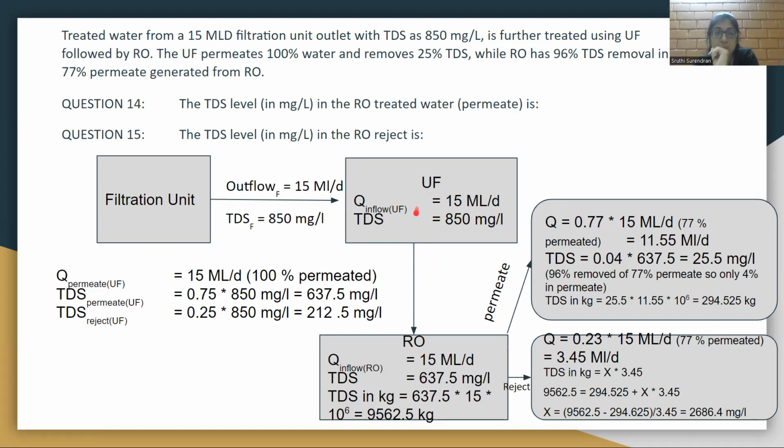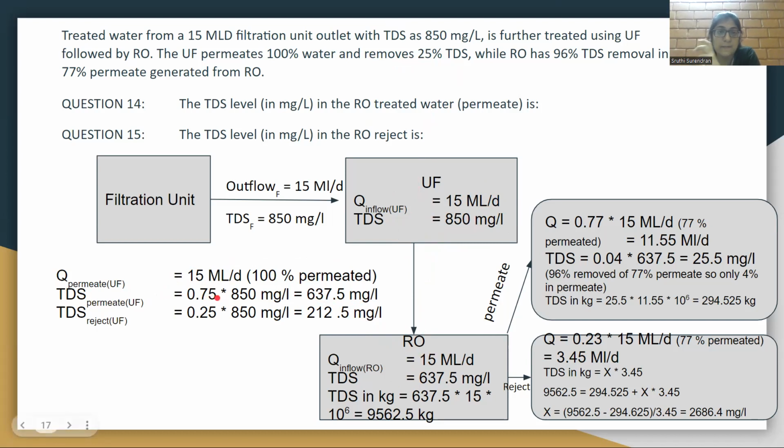Permeated water, like treated water, is what is going into the reverse osmosis. All the 100% of water is going into the reverse osmosis unit, but it is removing 25% of the total dissolved solids from the water and then only sending the water into the reverse osmosis unit. So the treated water will contain 25% less TDS.